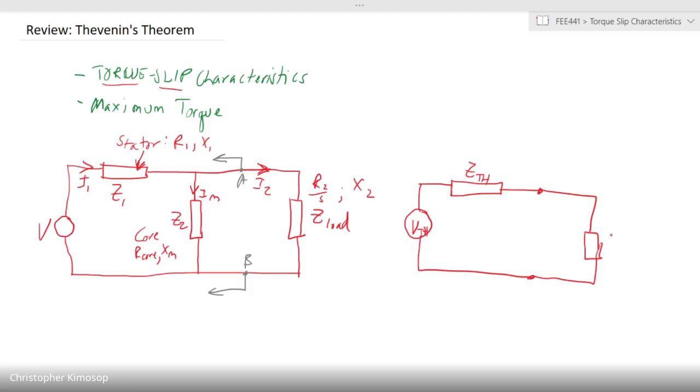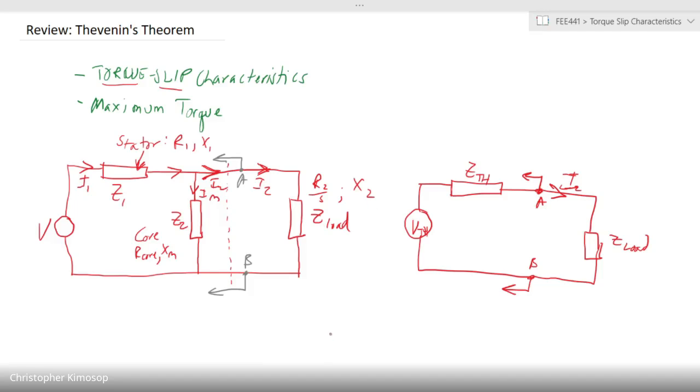Your load is supplied at that end, and this is our point A and point B, looking inwards. From the point of view of the load, we only see that current I2 is coming from the supply side. Whatever is on this side, the Thevenin voltage and the Thevenin impedance, represent what we are talking about. Actually within here, this is I2, not I1. I1 stops here, so I2 is at that point.